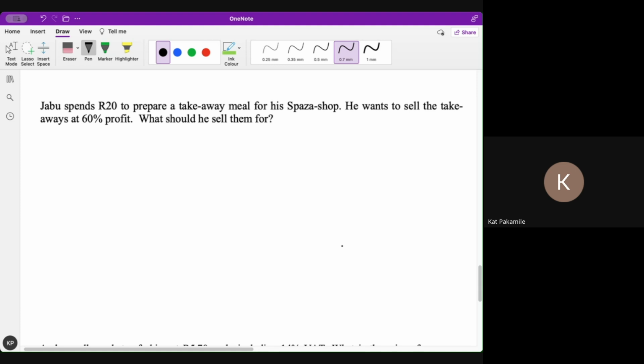What should he sell them for? So in this case, we have the cost price, and we have the profit that we want. We want a 60% profit. So how are we going to find the selling price, which is what they asked us for? They asked us, what should he sell it for?